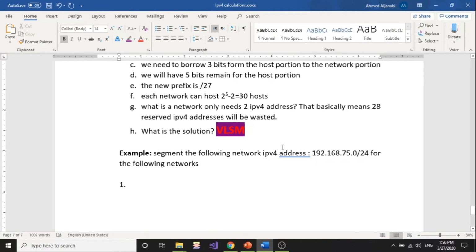So let's go ahead and list those networks. Network number 1 is going to host, let's say, 55 hosts.